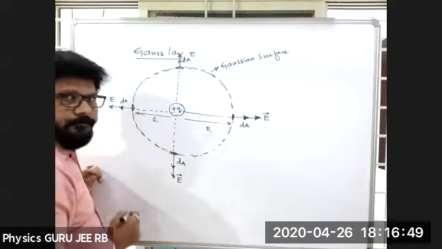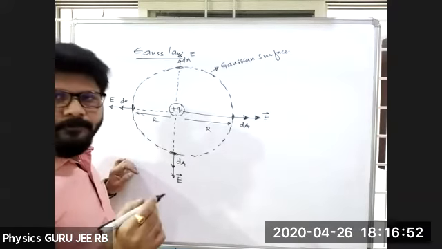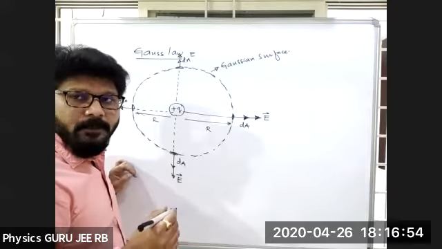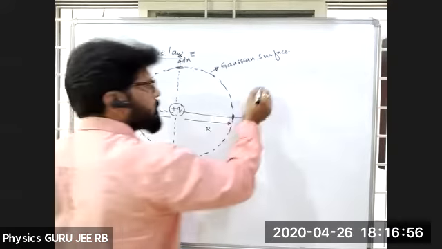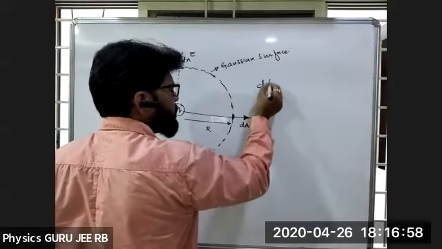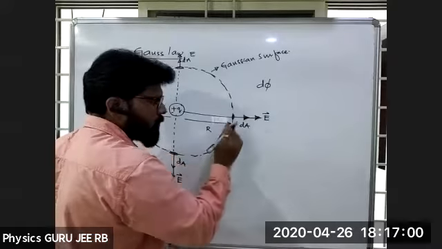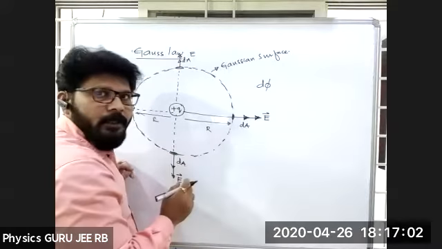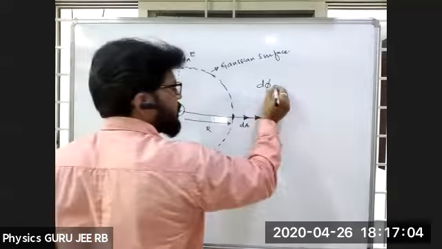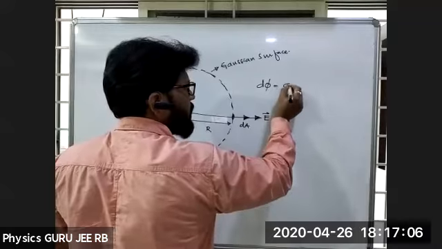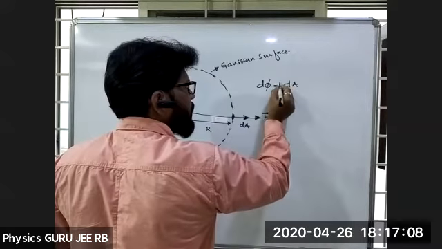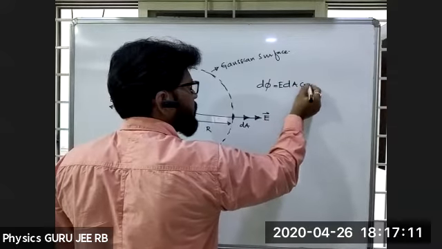Fine. So what is the definition of flux? According to the definition of flux, d phi, that means the flux coming out or emerging out through this small area, d phi can be written as E into dA cos theta.